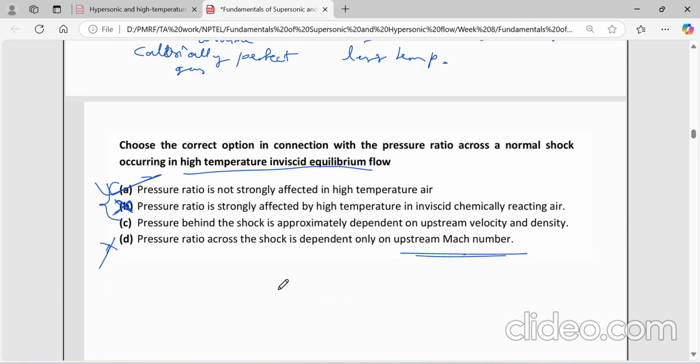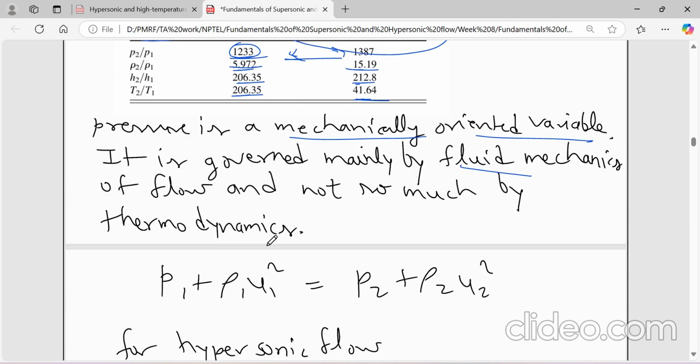Now we will see what this pressure behind the shock depends on. So this was the governing momentum equation for a normal shock, which we saw before: P1 plus ρ1 U1 square equals P2 plus ρ2 U2 square.